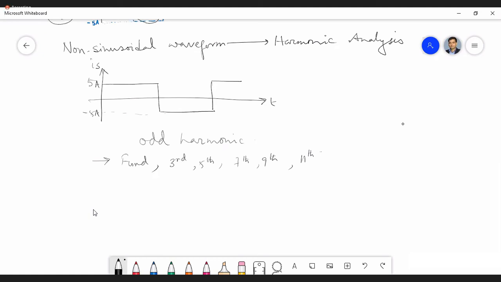Most of them contain some power electronic circuits. So that means there is a possibility of nonlinear loads in most of the appliances we are using nowadays.